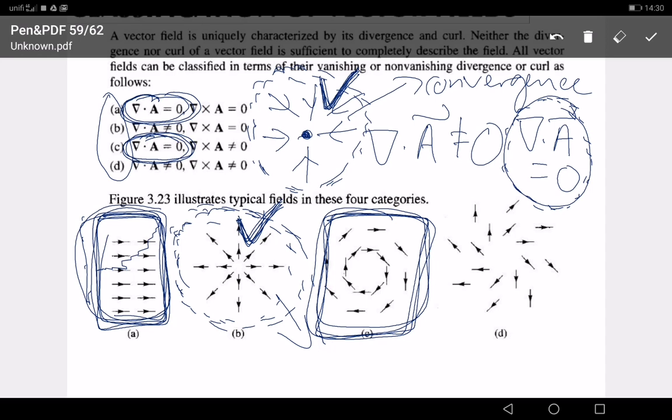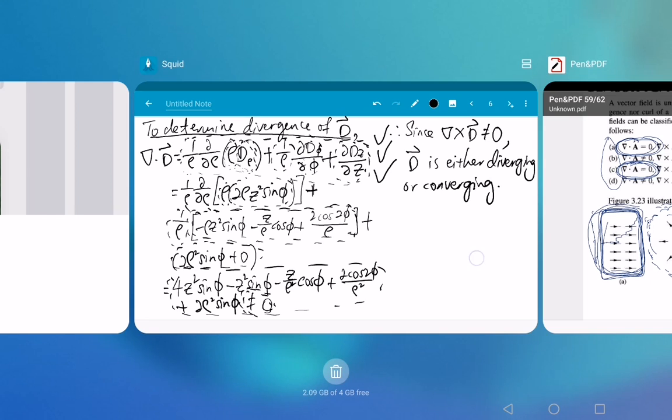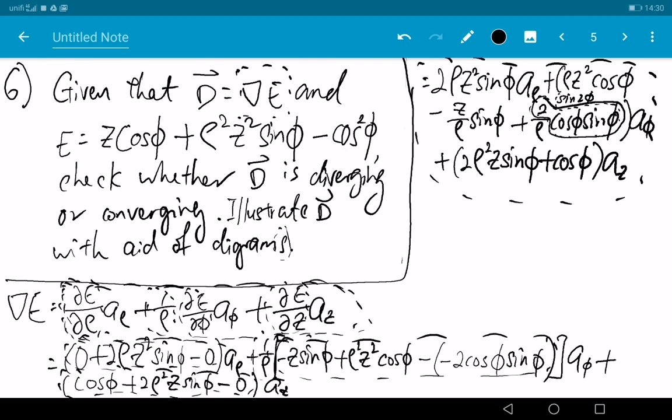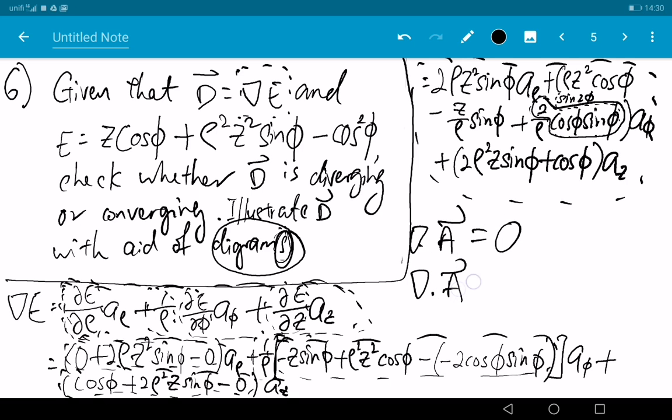Please check, in the tutorial question, it asks you to draw the diagrams. Plural means that you need to draw more than one diagram. So obviously, regardless of whether you have divergence of A equal to 0 or not equal to 0, you can also provide two diagrams, but only the diagrams are different.